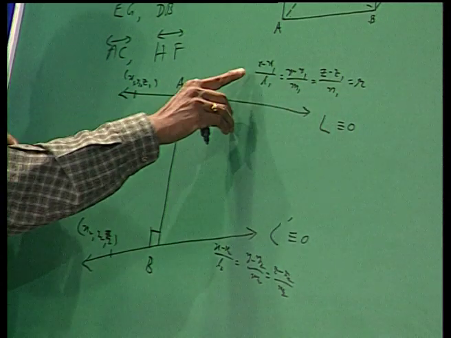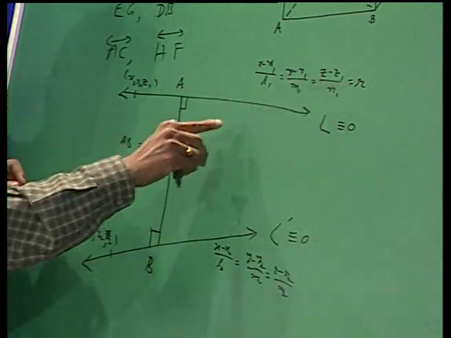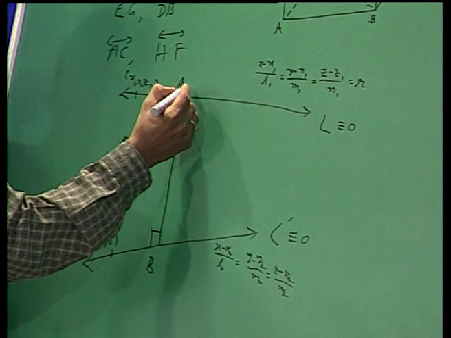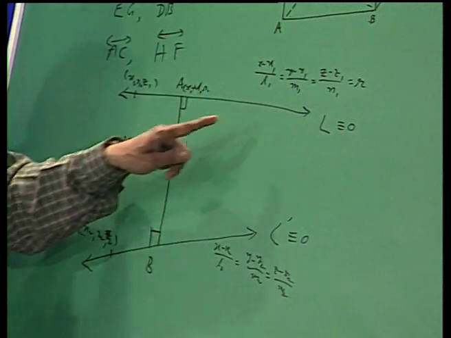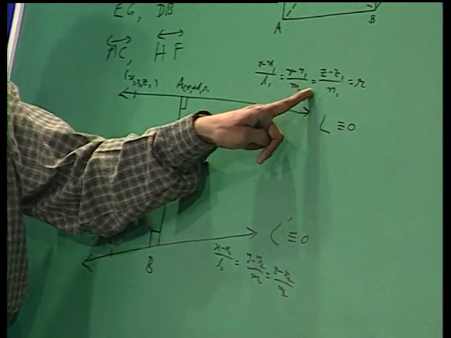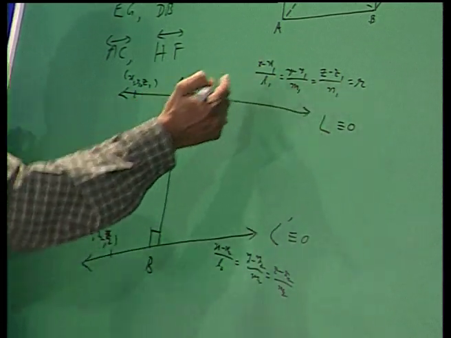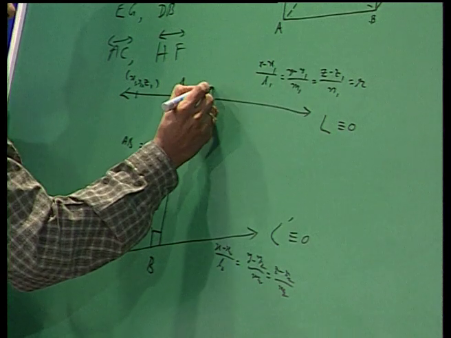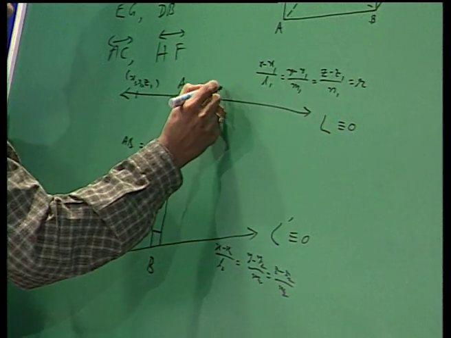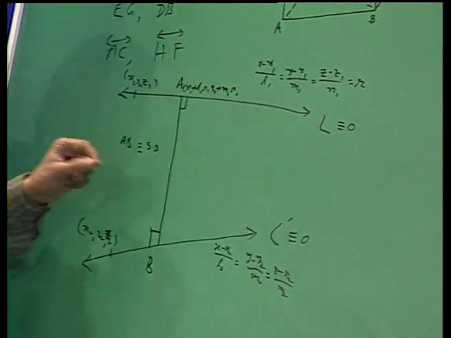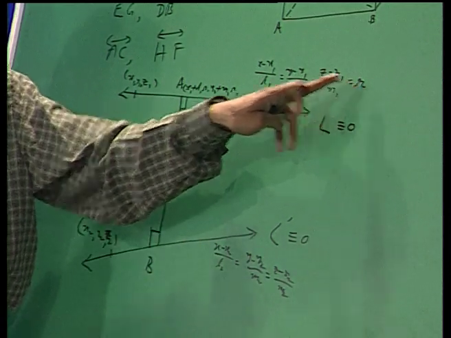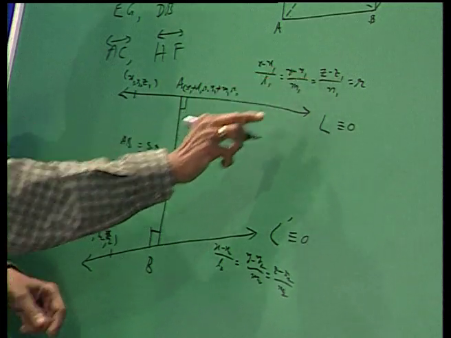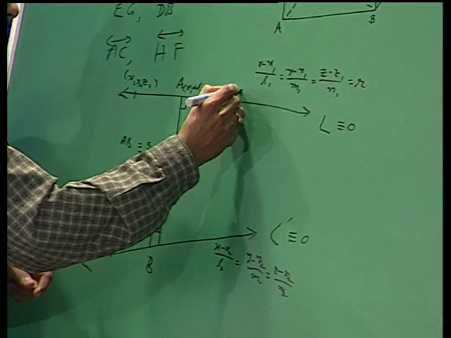If we take (x minus x1) by L1 equal to r, x becomes x1 plus L1 r. Similarly, if we take (y minus y1) by M1 equal to r, we get y is equal to M1 r plus y1. Similarly, when we take this equality, we get z minus z1 is equal to N1 r. So, that gives z is equal to z1 plus N1 r.